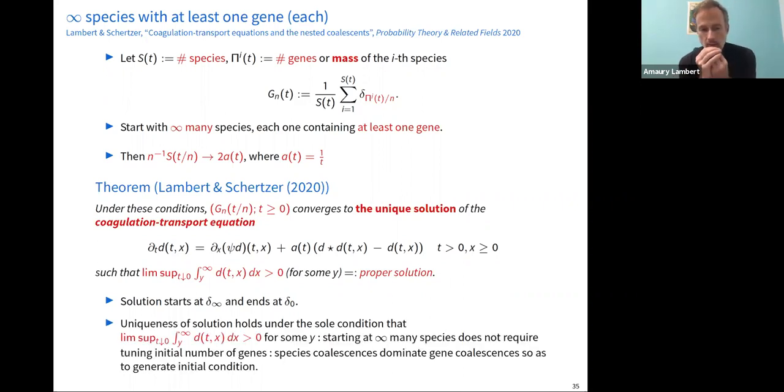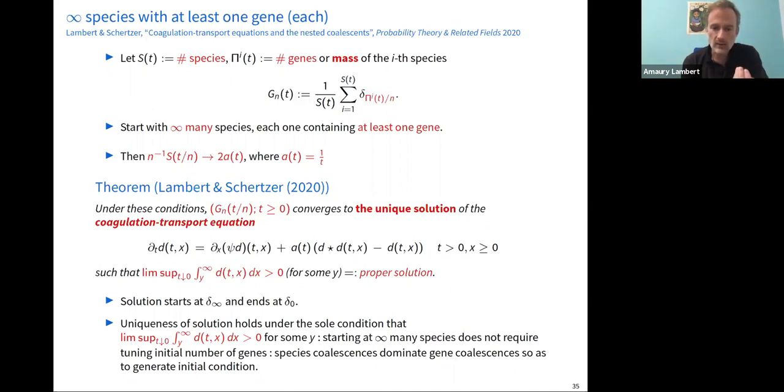And note that the uniqueness of the solution holds under the sole condition that at time 0 there is some mass away from 0. Okay, and so it means that here you don't have to specify anything else, either in the probabilistic model or in the PDE limit. You don't have to specify anything about the initial condition.